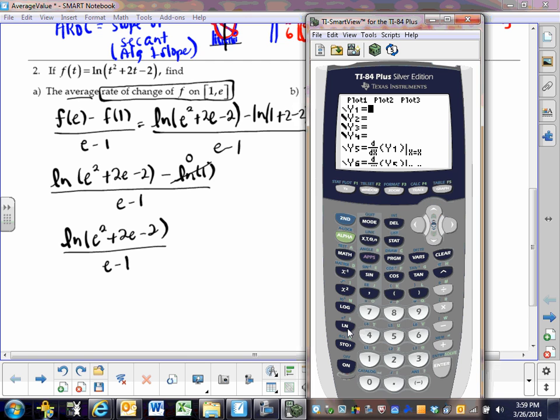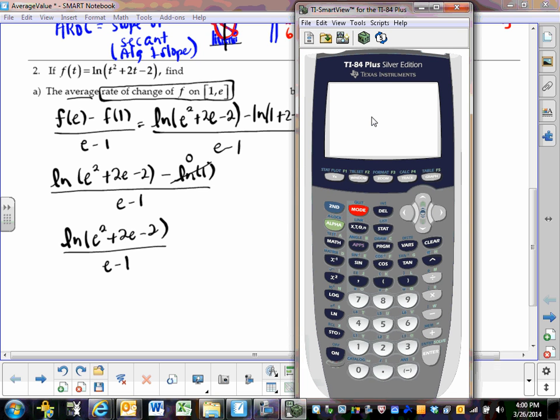So I would type in the natural log of x squared plus 2x minus 2. And I would quit and go to my home screen, and I'm actually going to put this in exactly as the fraction reads on my paper. I store this function into y1, so I can put the fraction in, and I can do y1 with the number e inside of it.